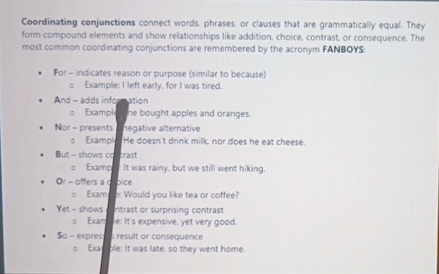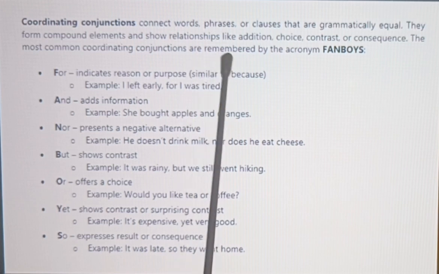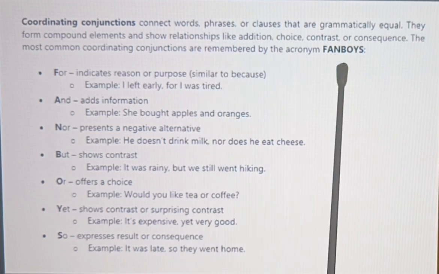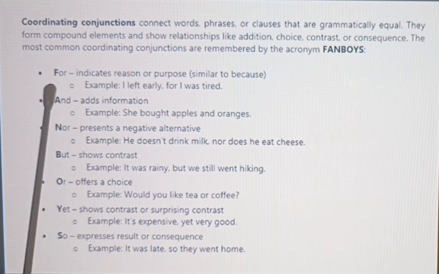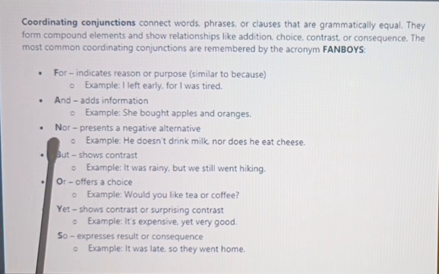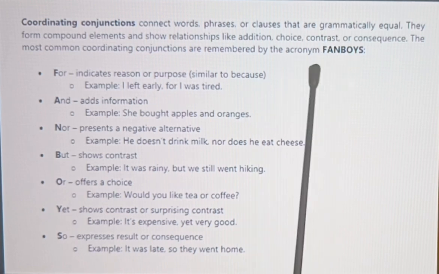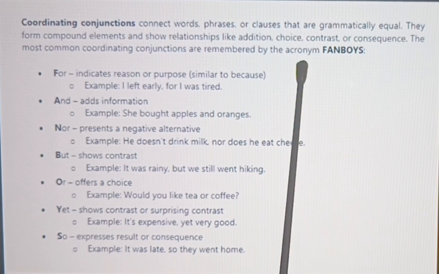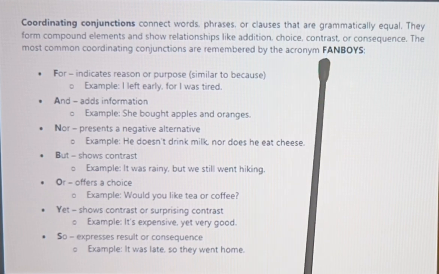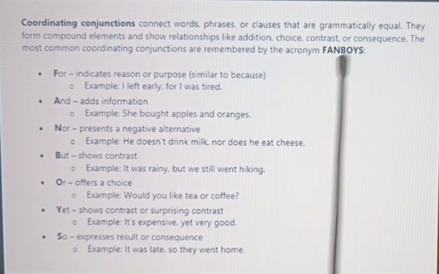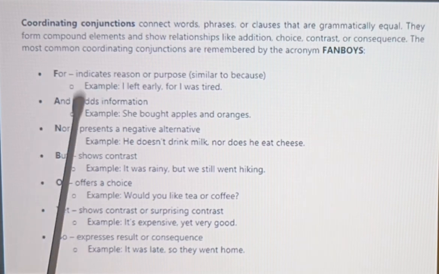But another way of remembering them is with an acronym or mnemonic, FANBOYS, meaning for, and, nor, but, or, yet, and so. All right. So it's easier to remember if you just keep this acronym, FANBOYS, in your mind, the initial letters of these coordinating conjunctions.